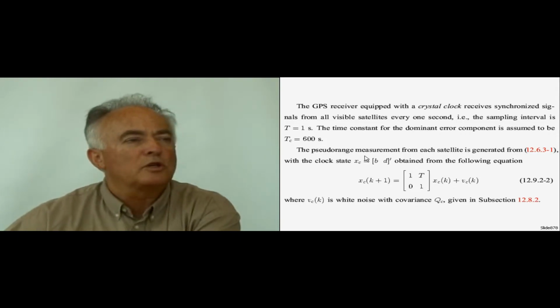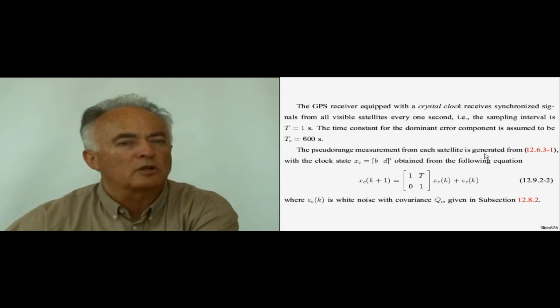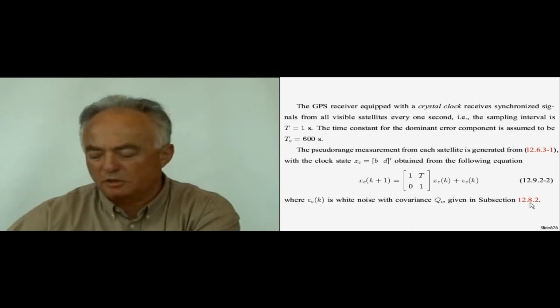The pseudo-range measurement from each satellite is generated with a clock state x_C, that's bias and drift, obtained from this equation, where v_C is white noise with covariance Q_C, as described when the clock model was presented.